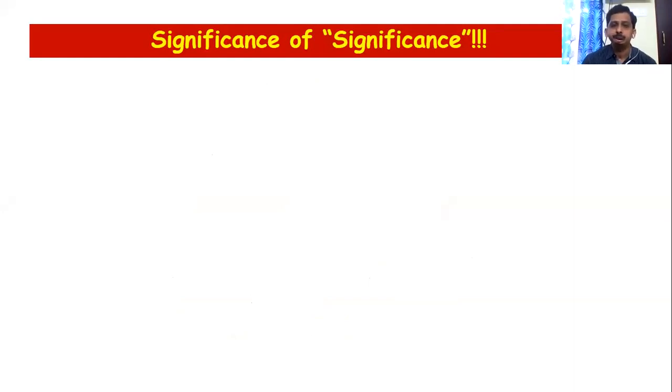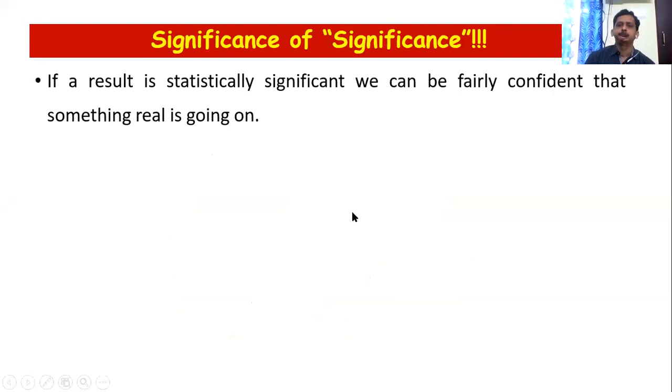What is the significance of significance? It is nothing but the p-value. We have to understand statistically that if we observe a p-value less than the specified level of significance, the natural variability observed in two independent groups has something to tell us: that they differ from each other.